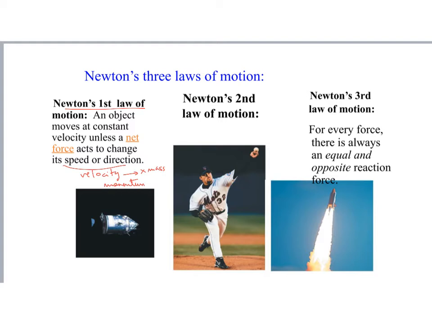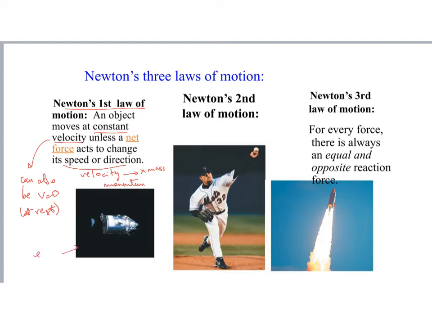Oh, and before we actually move on, constant velocity can also be at rest, right? Speed is 0, there is no direction. Direction is 0 if you want. So it could be at rest or constant velocity. That state of motion is not going to change unless there is a force that acts upon that object.